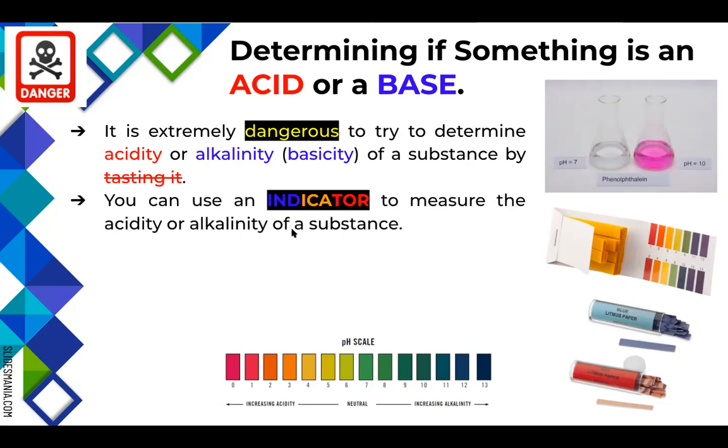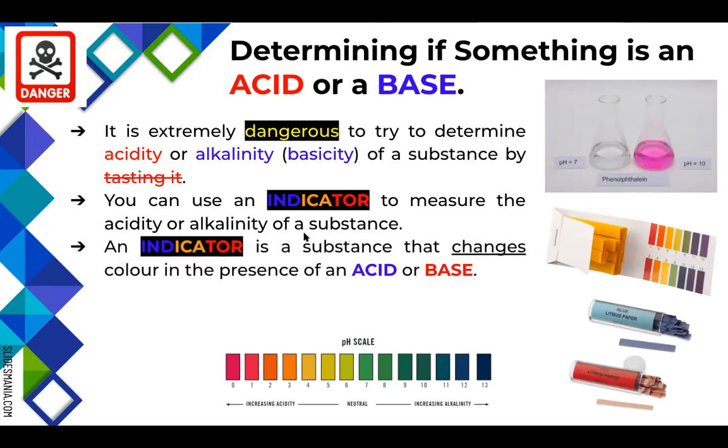So you can use an indicator to measure the acidity or alkalinity of a substance. An indicator is a substance that changes color in the presence of an acid or a base. Obviously, if the solution you have is not an acid or a base, the indicator will not change color.